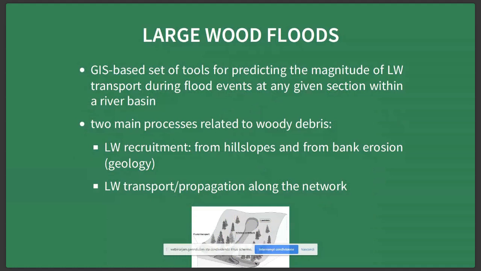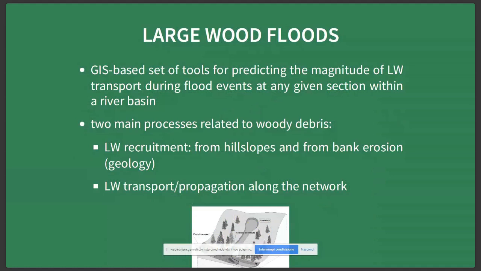We consider two main processes related to woody debris: the large wood recruitment from hill slopes and from bank erosion, and the large wood transportation along the network. The bank erosion also considers the presence of geology, whether geology is erodible or not.